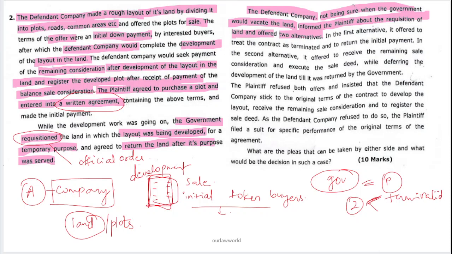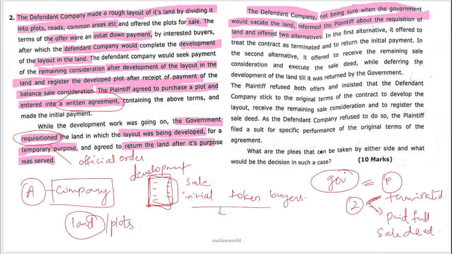And the second alternative which the company stated is that it offered to receive the remaining sale consideration and execute the sale deed. The second one states: pay us the rest of the amount, which is the balance. After paying the amount in full, we will execute the sale deed.